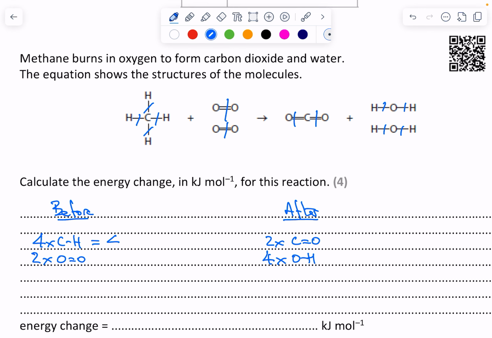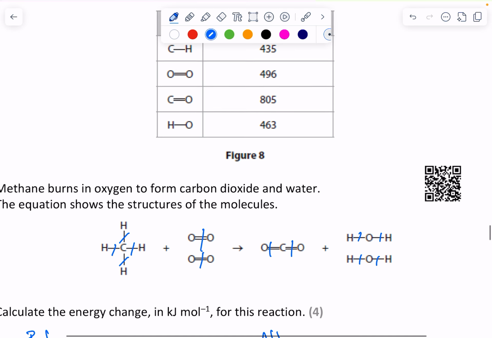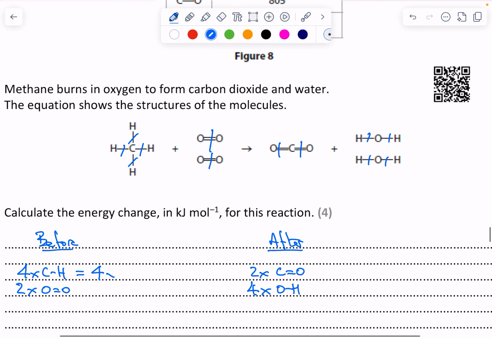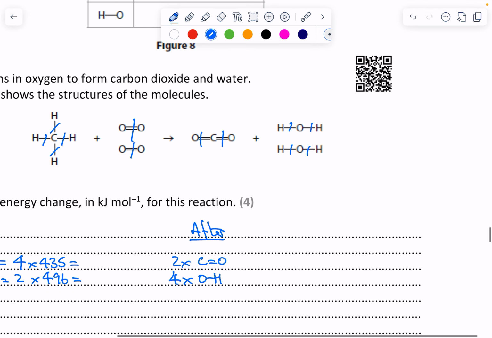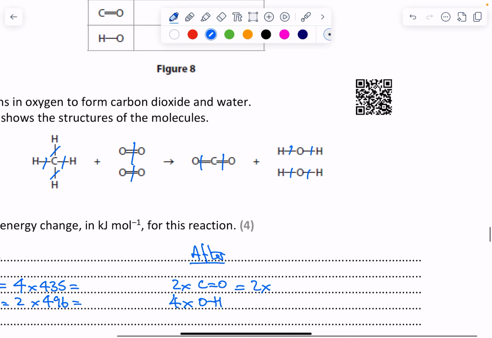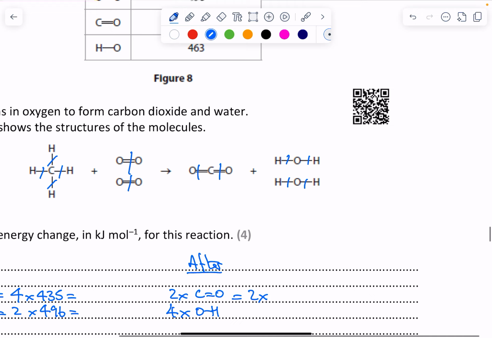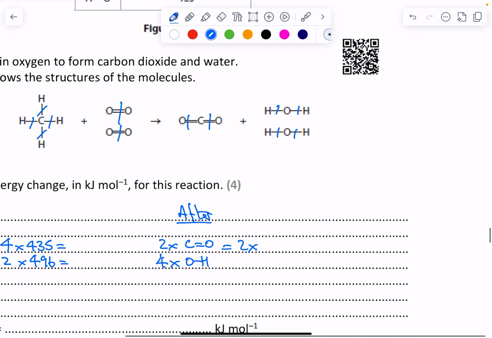Use the table now, put the numbers in. So if we go up here to carbon-hydrogen is worth 435. So 4 times 435. And this is 2 lots of this double bond oxygen is 496. 2 lots of 496. This side, we have got 2 lots of carbon oxygen double bonds, so that's 805.